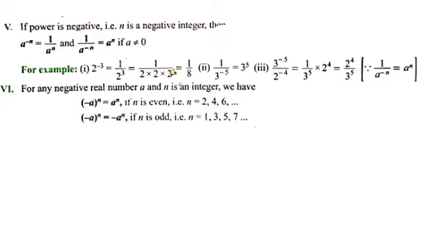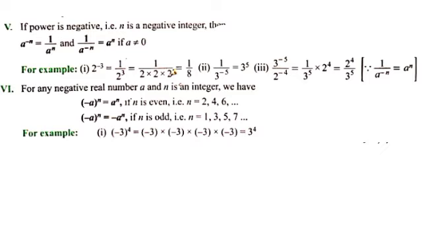And (-a)^n is equal to -a^n if n is an odd number, that is if n is 1, 3, 5, 7, 9, 11 and so on. For example, (-3)^4 is equal to -3 × -3 × -3 × -3, which is equal to 3^4.